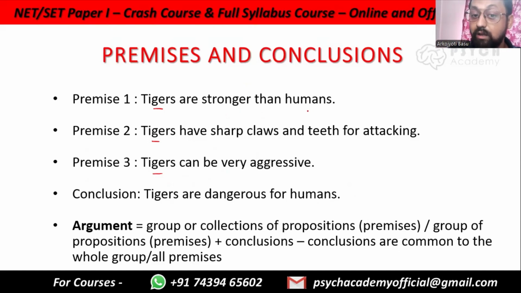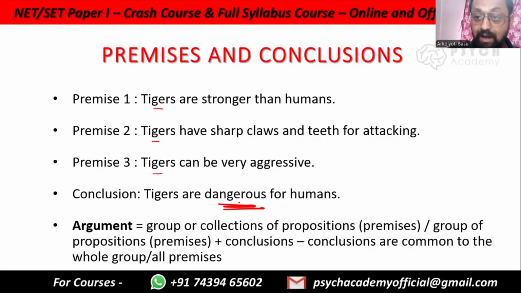Tigers are stronger than humans, have sharp claws and teeth for attacking, and can be very aggressive. Now, the point is, in all of these, there's an implicit assumption. Anybody who is stronger than humans can be dangerous for humans. Anybody who has sharp claws and teeth can be dangerous for humans. Anybody who can be very aggressive can be dangerous for humans. These implicit assumptions are already made.